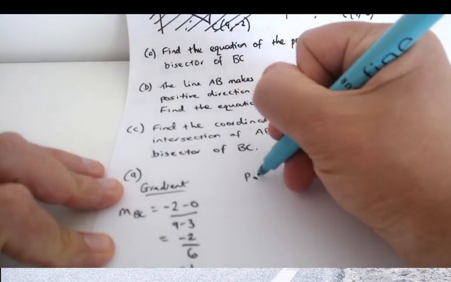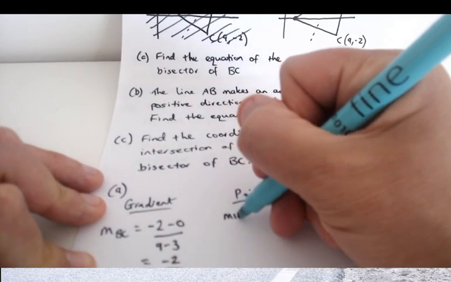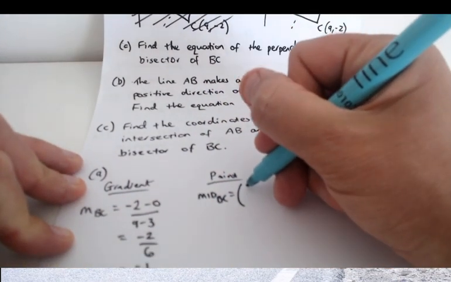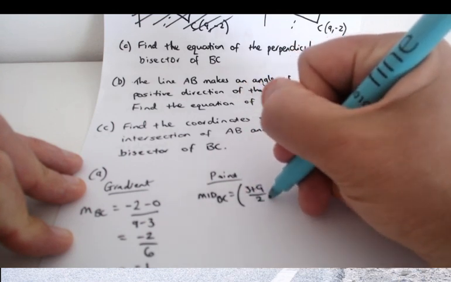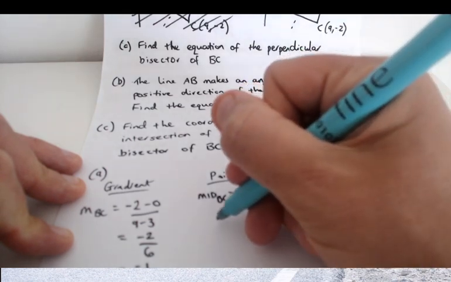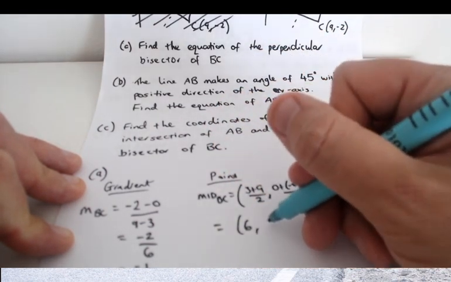For the point, I need the midpoint of BC. So add together the x coordinates and halve, add together the y coordinates and halve. That will give me 12 over 2, which is 6, minus 2 over 2, which is minus 1.